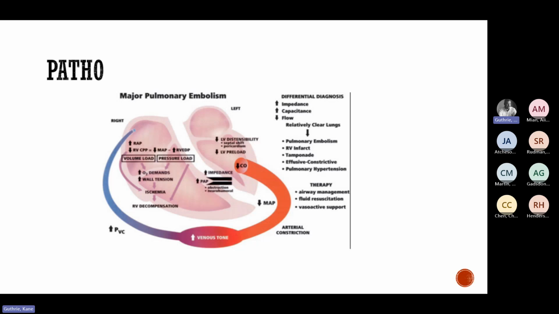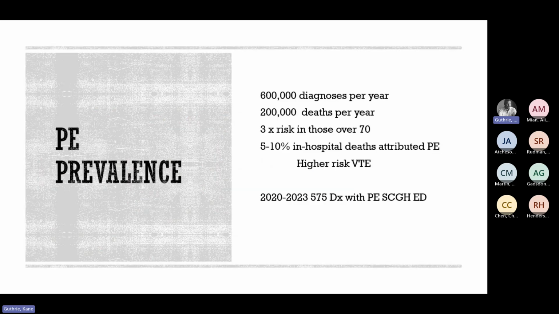And this is when the right ventricle starts to become dilated, with poor contractility, and you get impedance and decreased flow through your right ventricle. So PE is the biggest cause, but we also see it with right ventricular infarct, so inferior STEMIs, cardiac tamponade, and pulmonary hypertension, which is a chronic thing as well. So it's all about having a good understanding of the right ventricle in the management of massive and submassive PE.